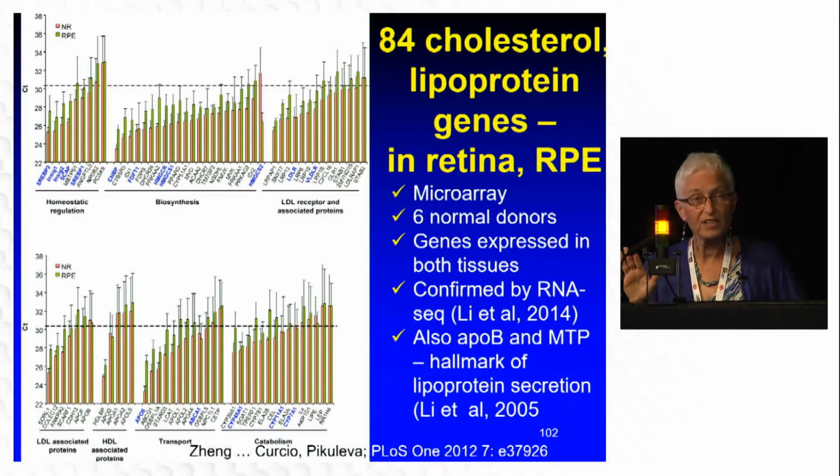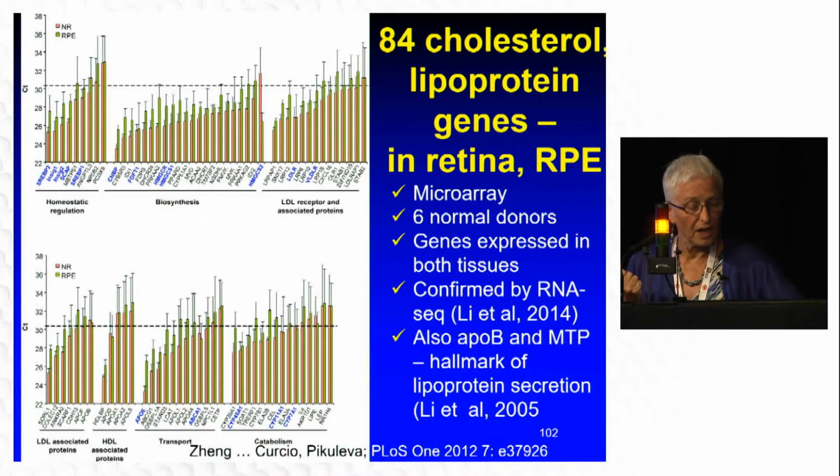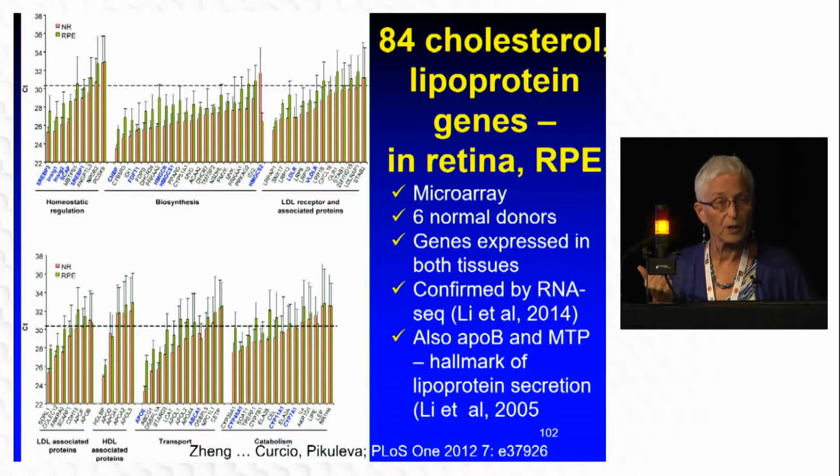This is a very busy slide. Skip the graph and just look at the header. In a microarray study of human retina and RPE, we found evidence for expression of 84 genes involved in cholesterol and lipoprotein handling. These were well known from atherosclerosis research, and that's why we tested in the retina. And it's also been confirmed by RNA sequencing.